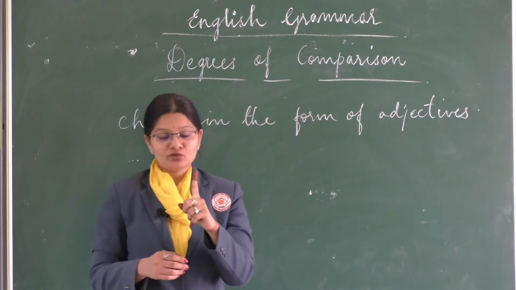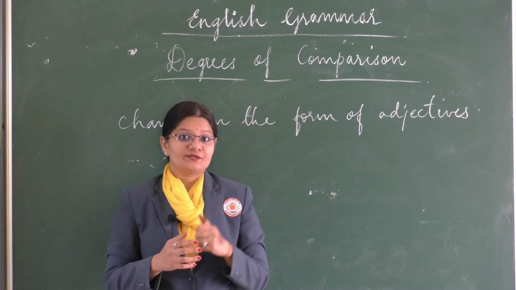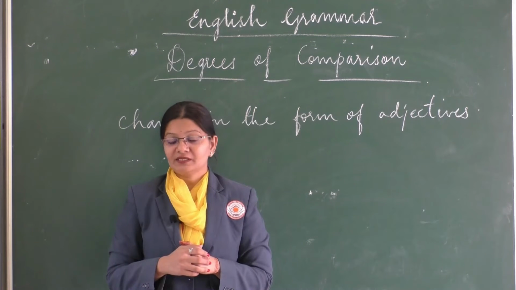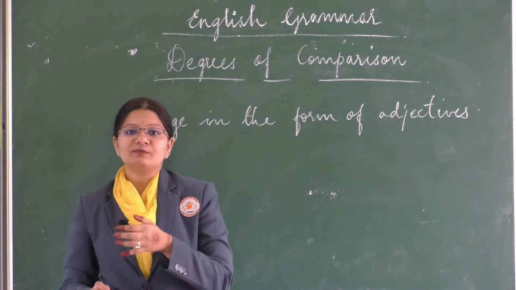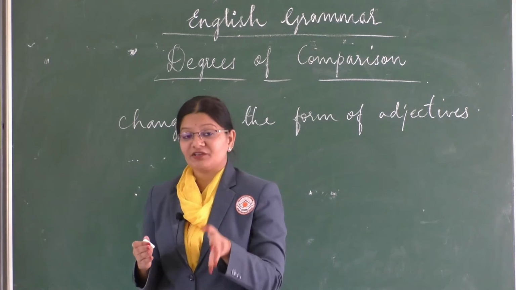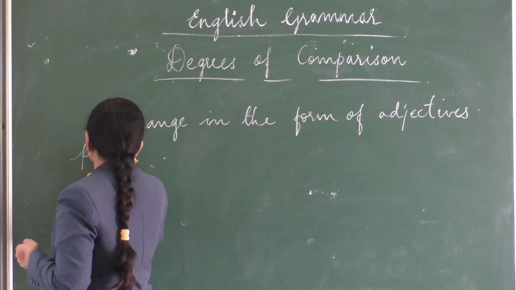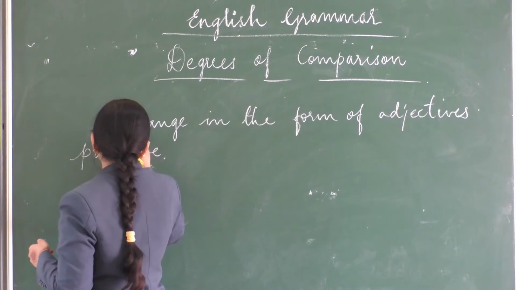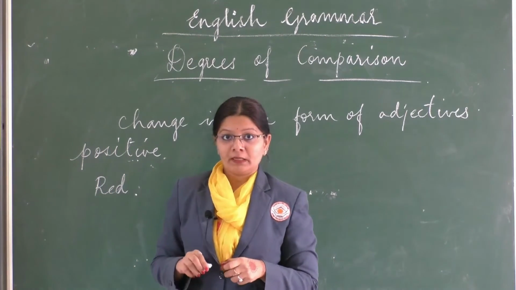When you are talking about only one rose, the rose is red, right? So, that is a positive degree. So, this leads me to the introduction of the first degree of comparison, that is positive. So, here you just talk about the quality of one particular noun.